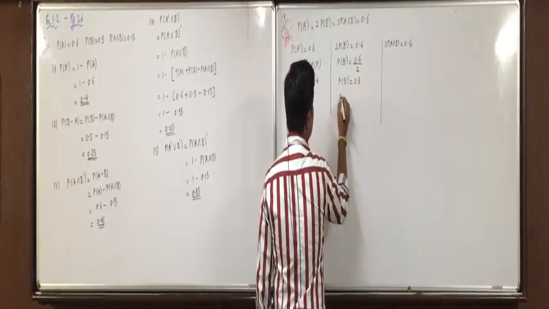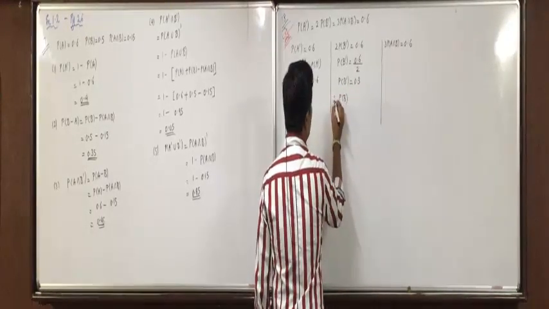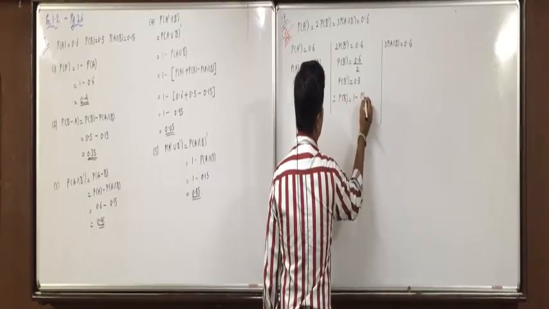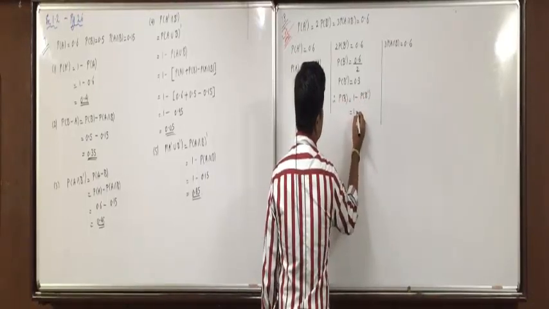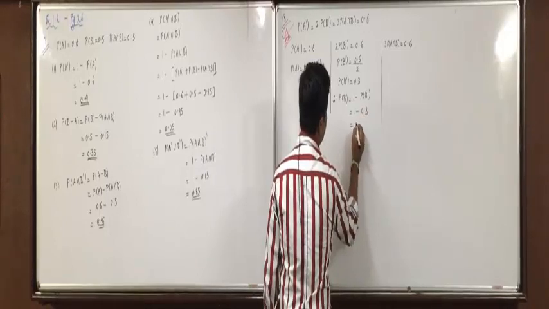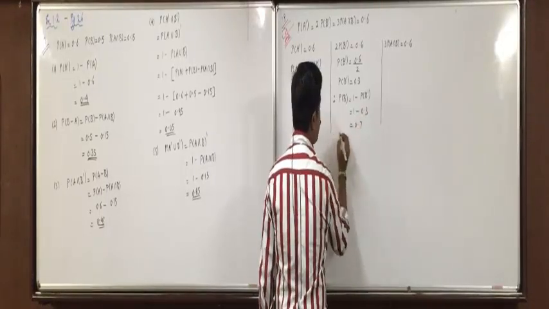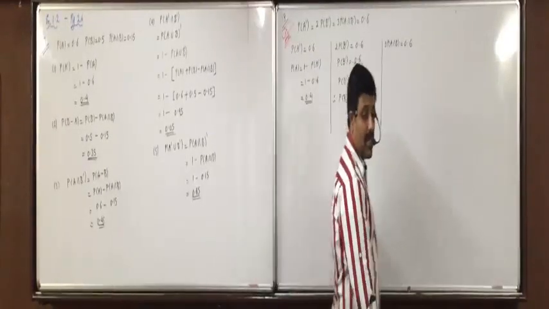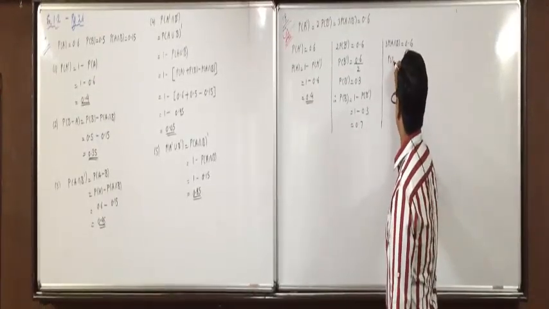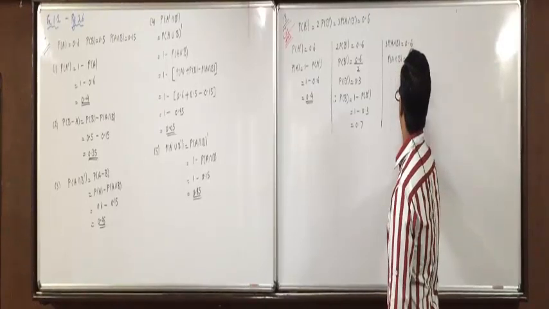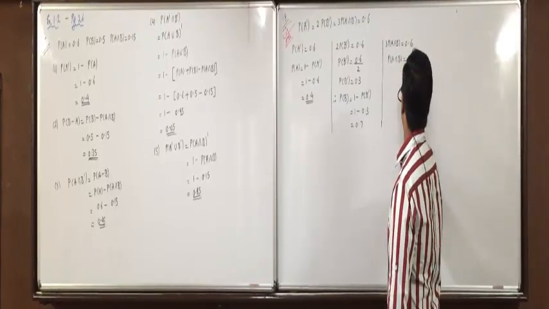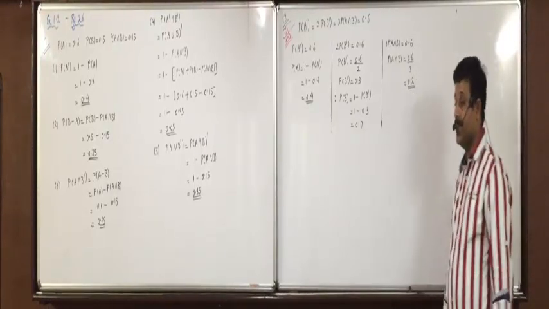Now what is P(B) equal to? 1 minus P(B'), 1 minus 0.3, 0.7. Any confusions with this? Same way, if you bring 3 on the right side, it will get divided. So P(A∩B) equals 0.6 divided by 3, 0.2.